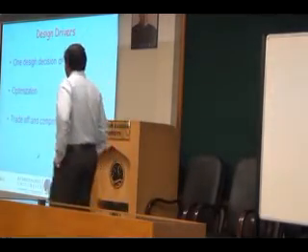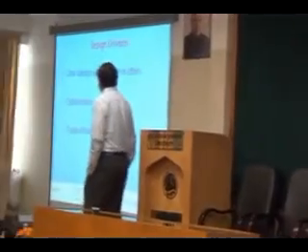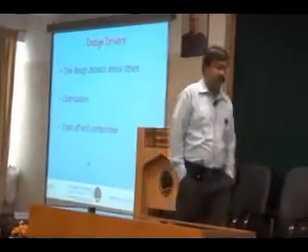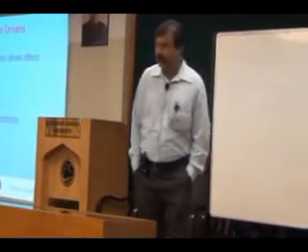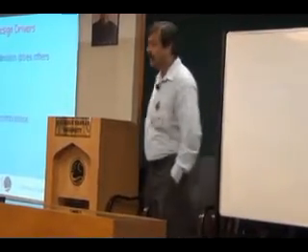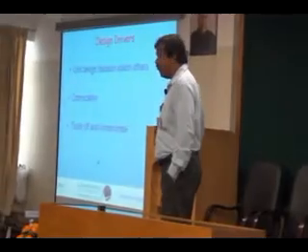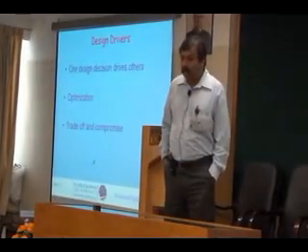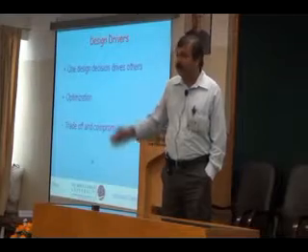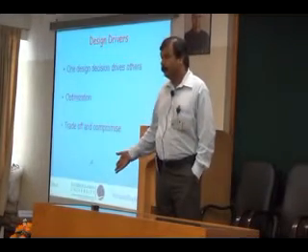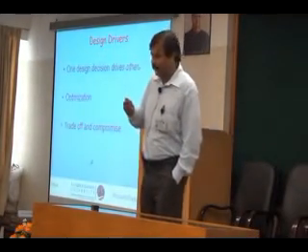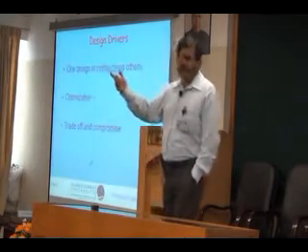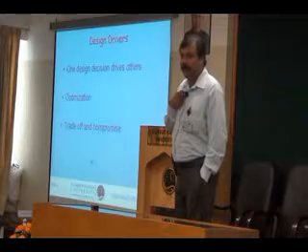So one design decision leads to other decisions, and you need to optimize, and you need to enter into what is known as trade-offs and compromises. To achieve something, you lose something else. This is what I mean by trade-off.